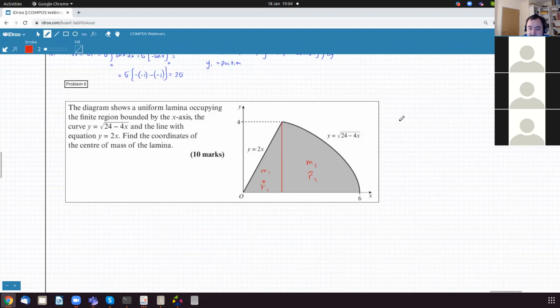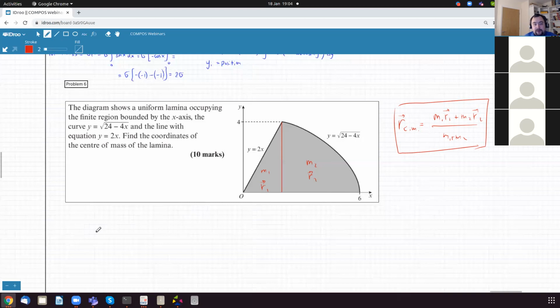And the center of mass, r center of mass, is equal to m1 r1 plus m2 r2, divided by m1 plus m2. Use this formula. Then you need to find the mass.